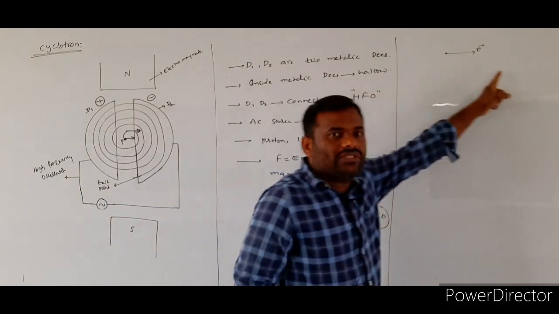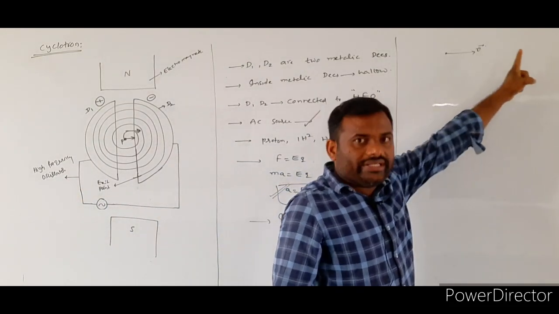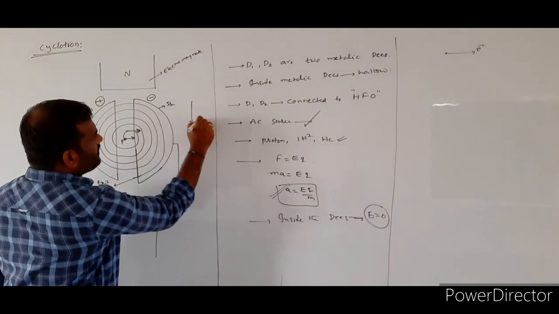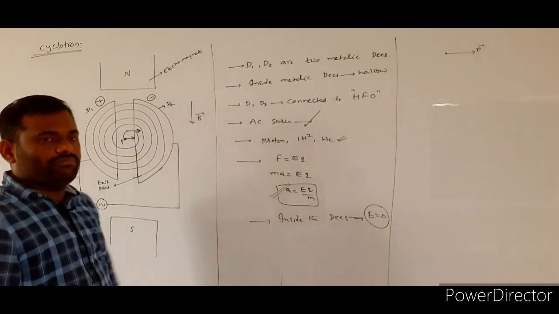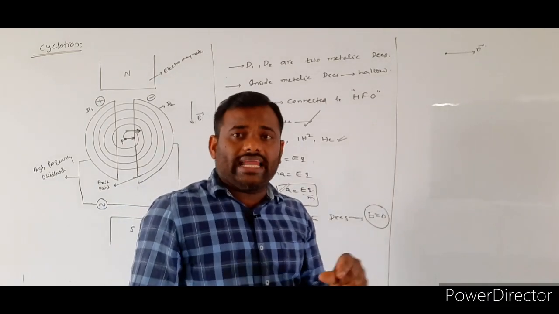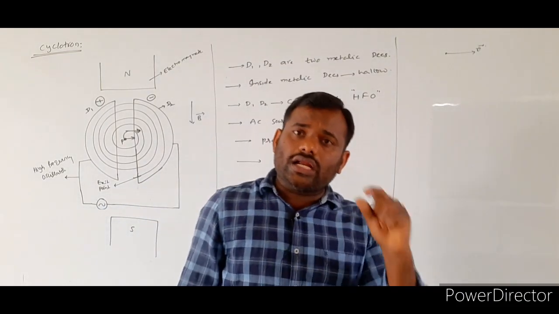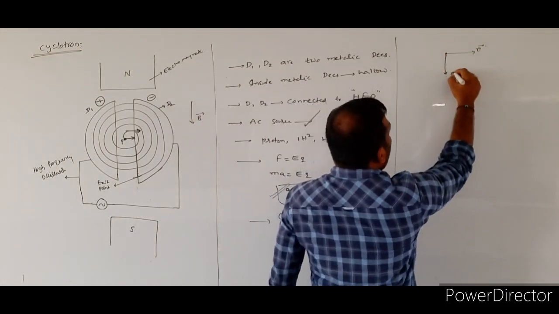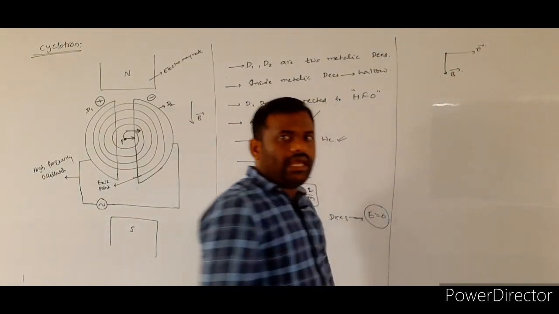So the direction of motion is along the horizontal direction, and the direction of the magnetic field is always from north pole to south pole. So the magnetic field is always acting vertically downwards.